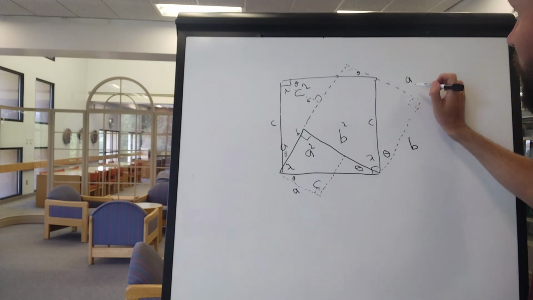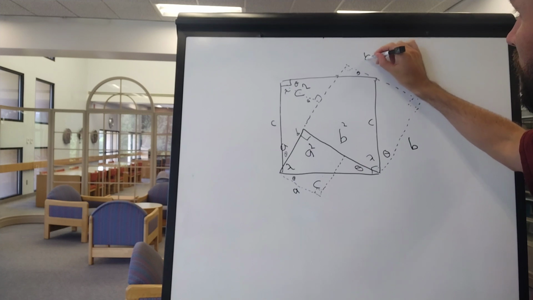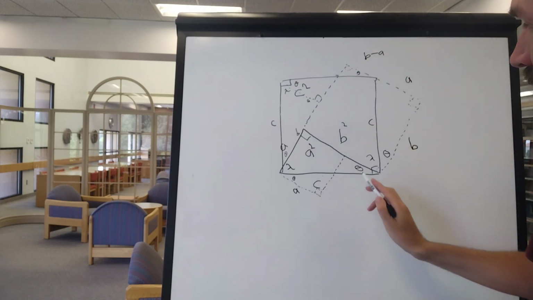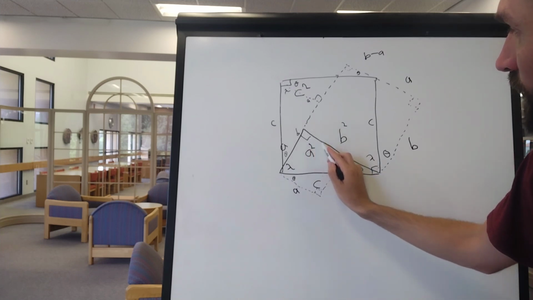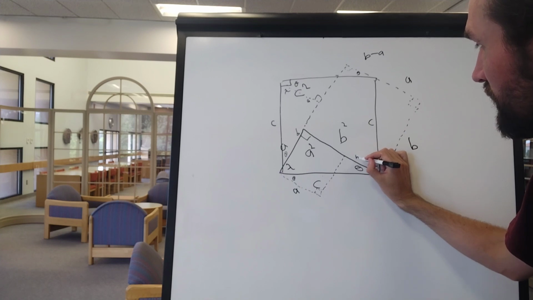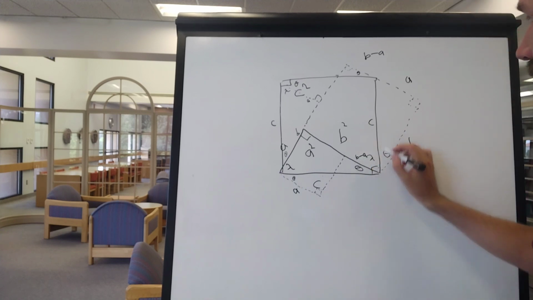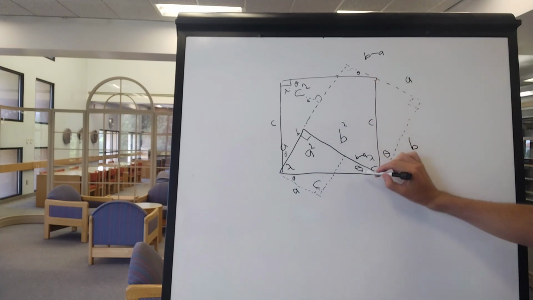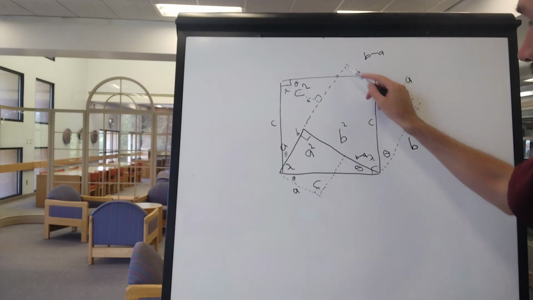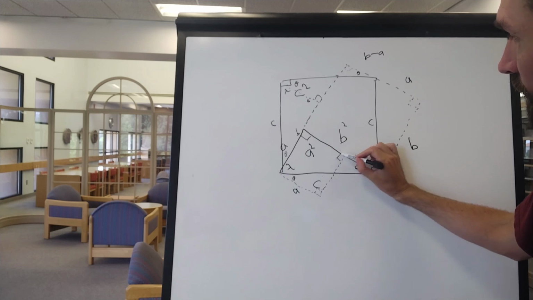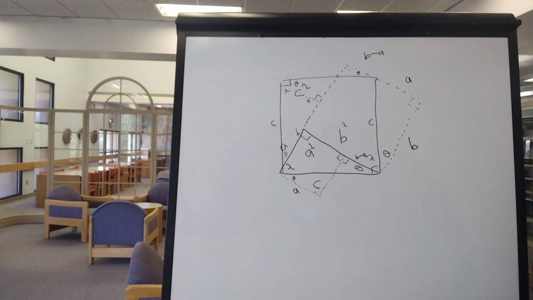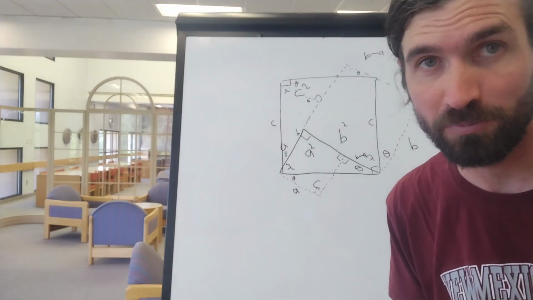This length is B minus A. Okay? And as we see here, this is B and this is A. So this is also B minus A. So it has theta, theta, B minus A, and then it hits a right angle, and this, as we know, is also a right angle. So that pretty much completes the proof.